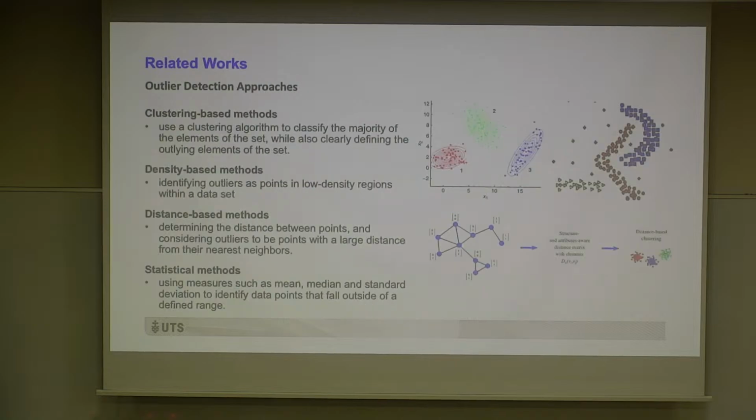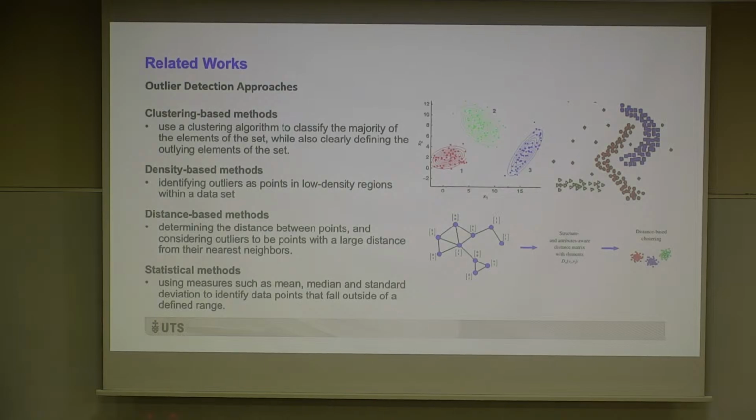For the common outlier detection approaches, there are clustering-based methods, density-based methods, distance-based methods, and statistical-based methods. Clustering-based methods use a clustering algorithm to classify the majority of the elements of the set, while also clearly defining the outlying elements of the set.